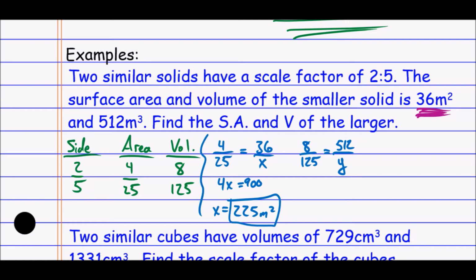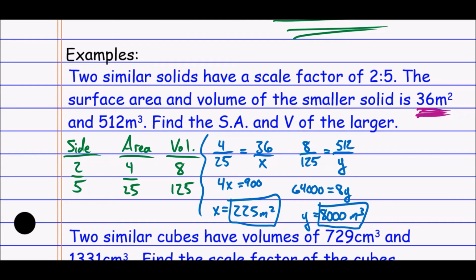I cross multiply, and that gives me a 64,000. And then you divide each side by that 8, and you get an 8,000. And again, that's cubic meters. Okay? So again, it's just using the ratio that we know it's supposed to be and setting up a proportion.